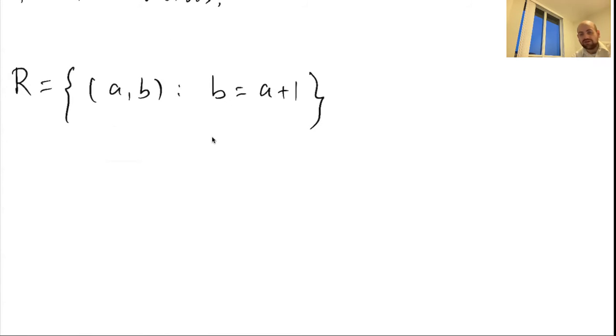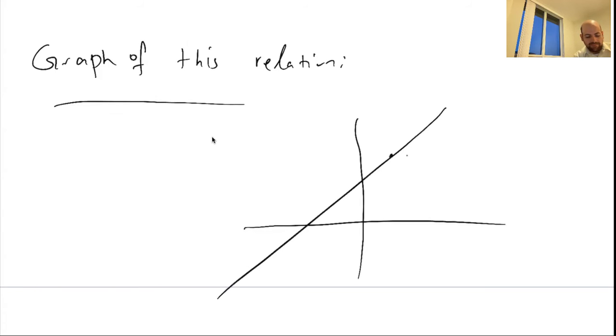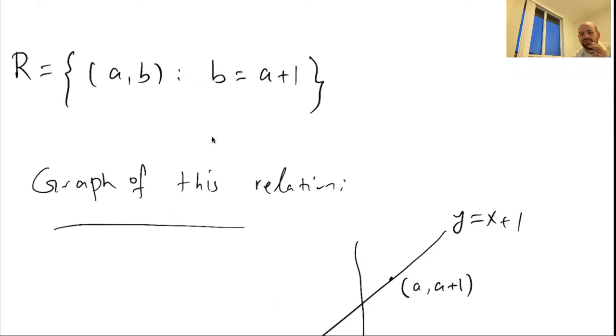This is a function because for every input we have exactly one output, B, which is A plus 1. And you're familiar with the graph of this relation. This is the line Y equals X plus 1, because here the Y coordinate, or second coordinate, is the first coordinate plus 1.